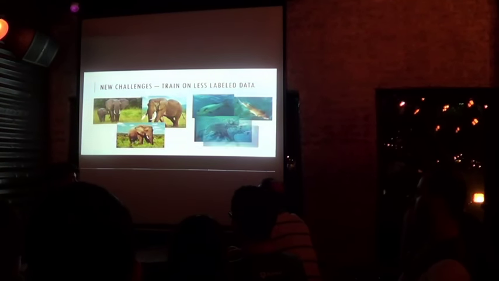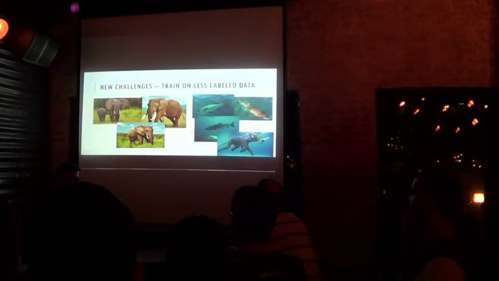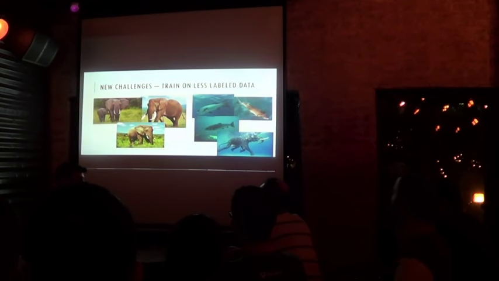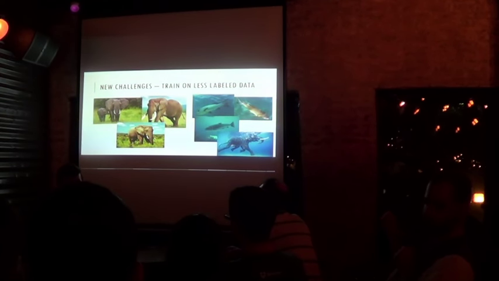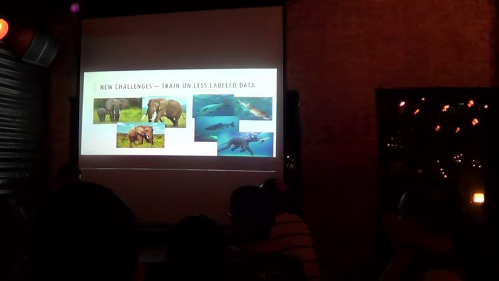But the second it gets a swimming elephant, which is very common, of course, it will never understand that this is an elephant, since it learned very well that an elephant is something green on the bottom, right, and something in focus in the middle of the image. That's it. There is absolutely no reason for the network to understand that an elephant is this animal, as a human being would.